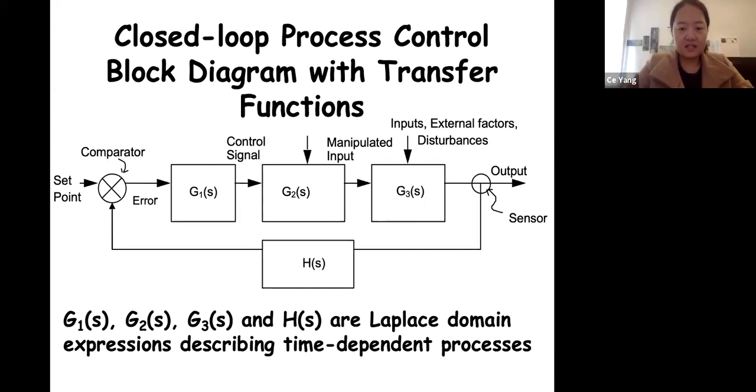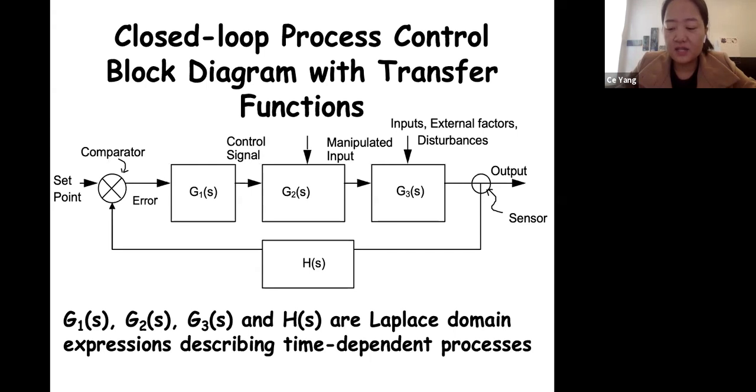Each of the blocks we can solve using some type of f(t), and also we can solve the f(t) using the Laplace domain, and then inverse Laplace transform back to f(t), so that in each of these steps we can solve them. By using the Laplace domain transform we can solve G1 block, G2 block, G3 block, and H(s) block separately.